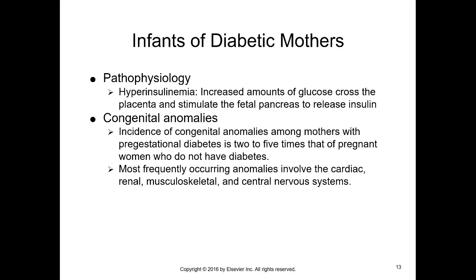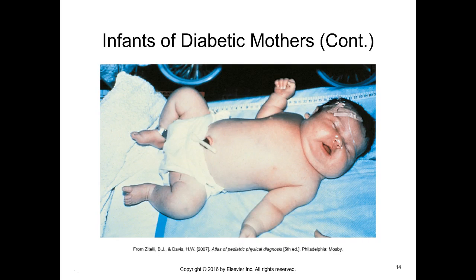The most common involve the cardiac, renal, musculoskeletal, and central nervous system. The incidence of congenital heart defects is 2 to 3 times higher for infants of diabetic mothers than in the general population.